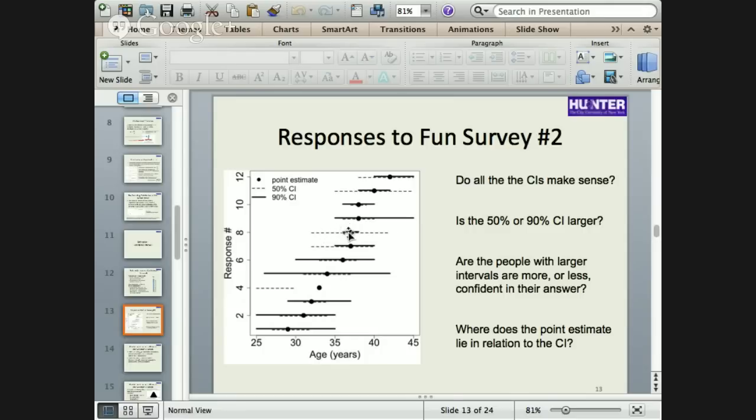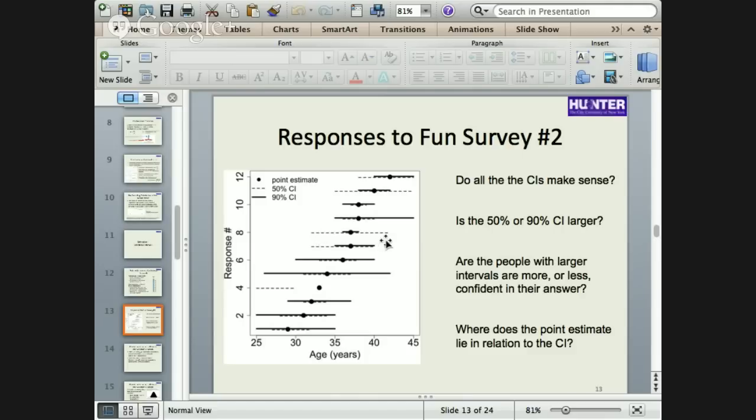Yeah, the 90% confidence interval is narrow and the 50% one is wide. So it's saying you're very confident that it's between 35 and 37, but less confident that it's between 32 and 42. So I think that one just got switched around.